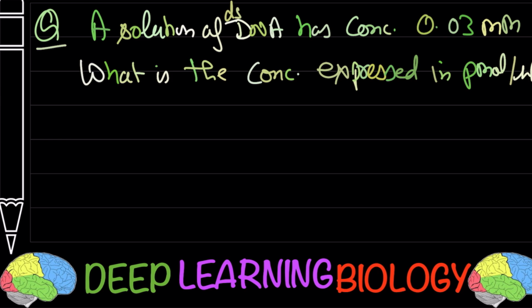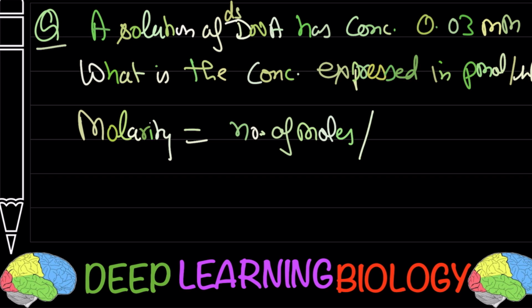I want to teach this kind of question because sometimes you have to express the answer in different units, and students find difficulty, though these questions are very simple. Molarity is equal to the number of moles dissolved per liter. Here your solution is 0.03 millimolar.